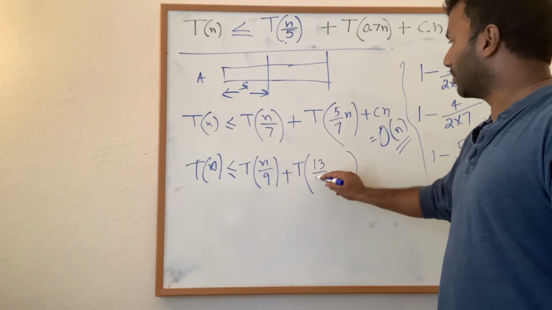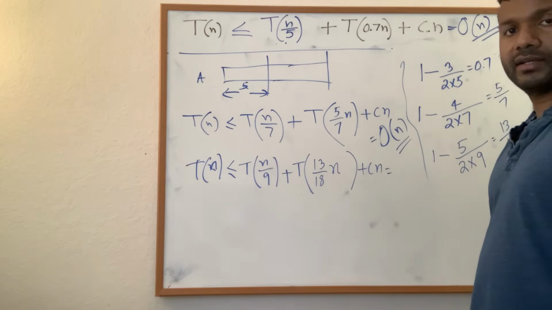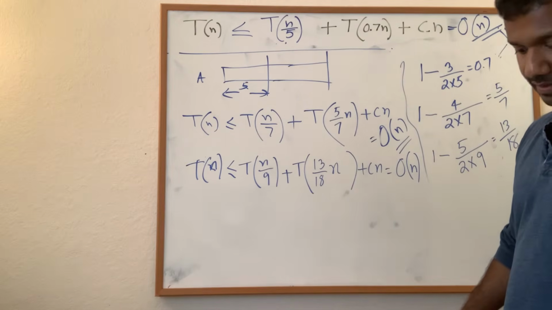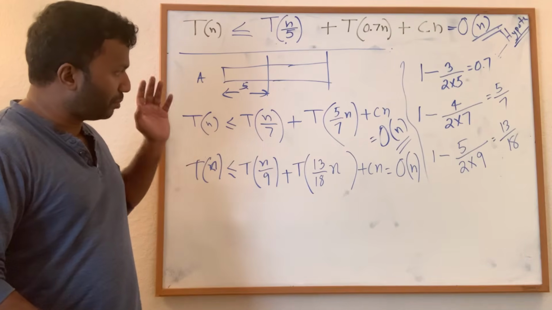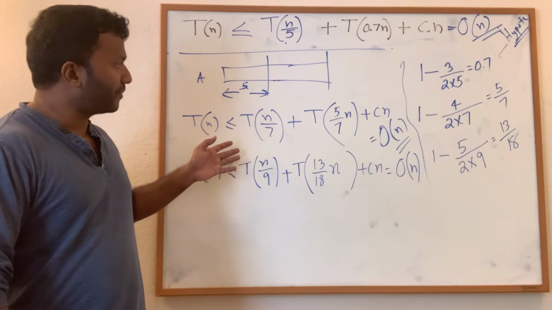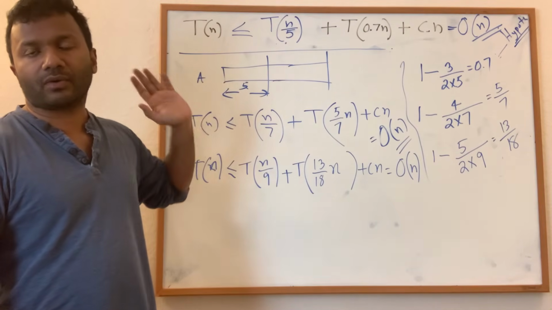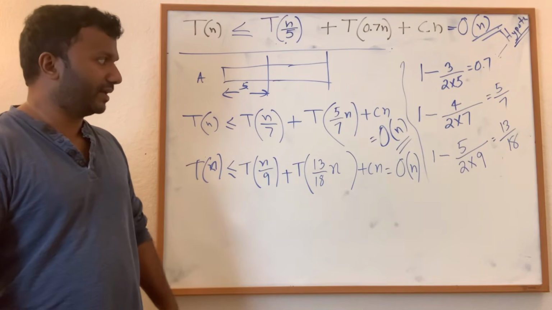So 13 divided by 18, n plus Cn, and you can try it by yourself. This is also going to be O of n. So in general, you can pick any odd number which is greater than or equal to 5, and the time complexity is going to be linear.